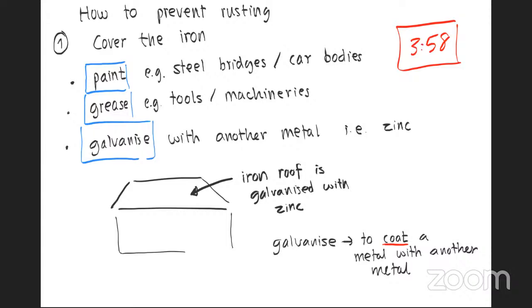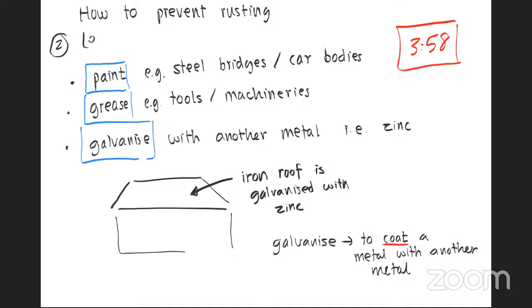So the next way of preventing rusting is by letting another metal corrode instead. The first method is to cover the iron, either through painting or greasing or galvanizing. The next method is to let another metal corrode instead of iron.